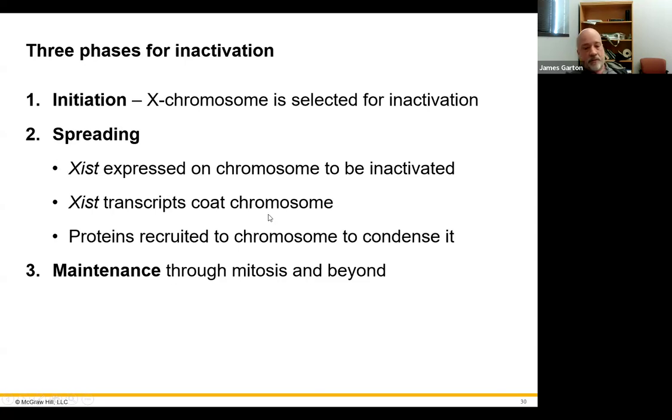That RNA covers that chromosome. Proteins get recruited to that coated chromosome and condense it. And then you maintain that condensation in that same X chromosome that you got from one of your parents every time that cell divides.